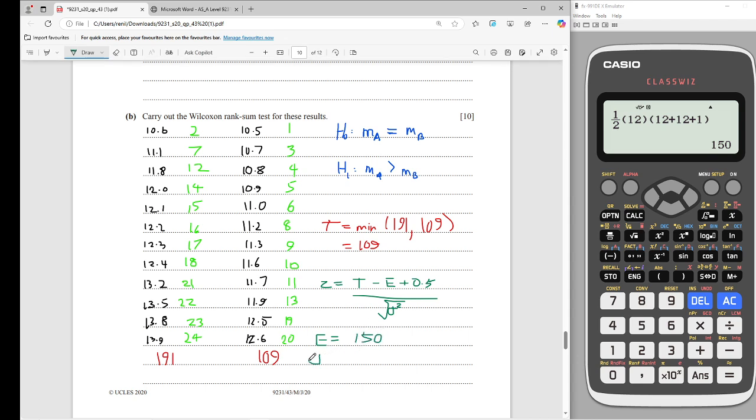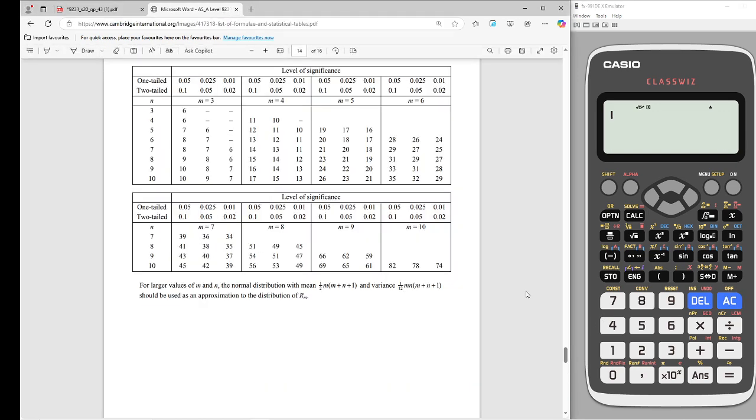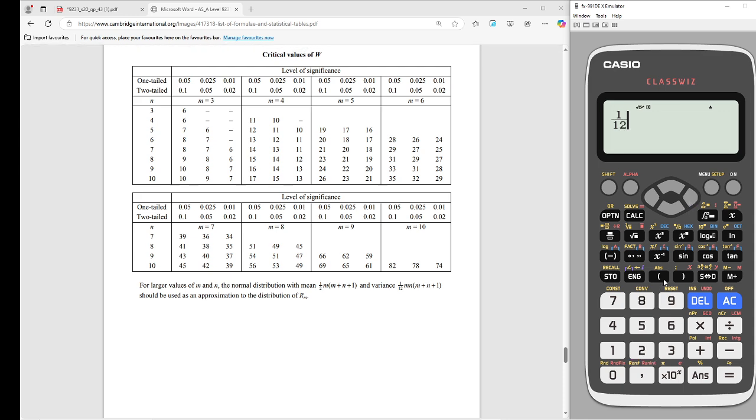Next we have our variance, which is sigma squared, and this is equal to 1 by 12 times 12 times 12 multiplied by 12 plus 12 plus 1, which is basically 12 times 25, which is 300.